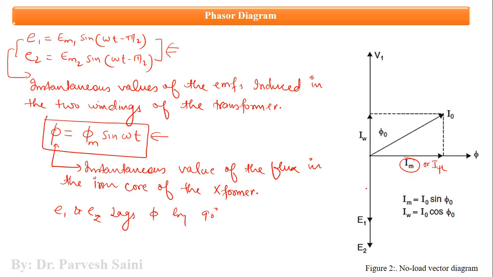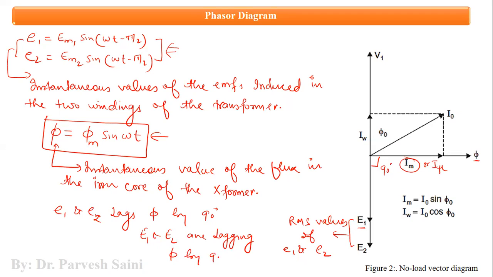So that is why these two, E1 and E2, are the RMS values, and these are shown 90 degrees lagging the flux phi. Okay, so E1 and E2 are lagging phi by 90 degrees.